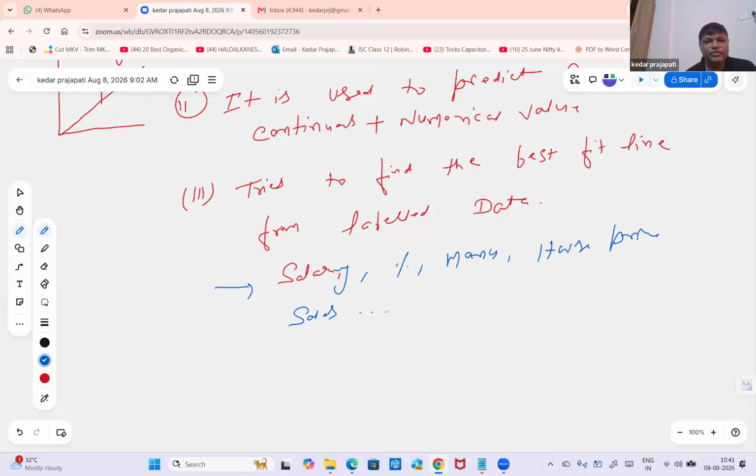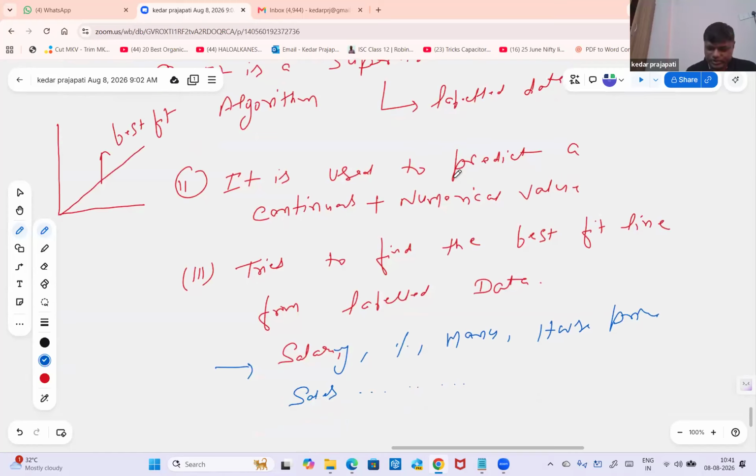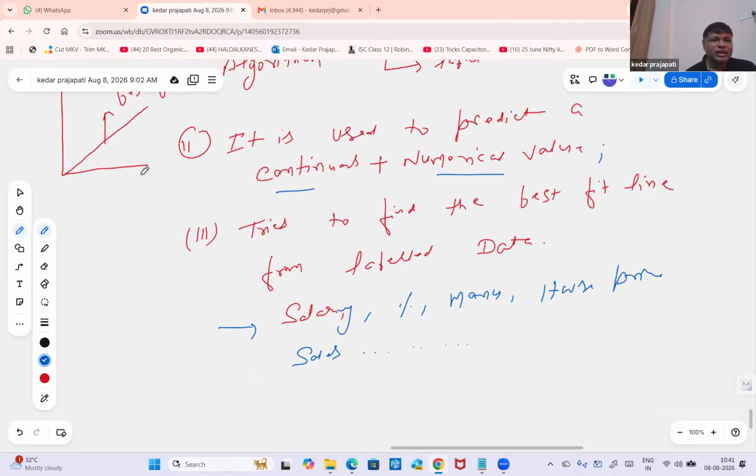All these things can be done using linear regression. So linear regression is a supervised machine learning algorithm. It works only on label data. Now data should be continuous and numerical. String and all, it won't work. For that, we have different models. It tries to find a best fit line, and that best fit line is created based on your label data.